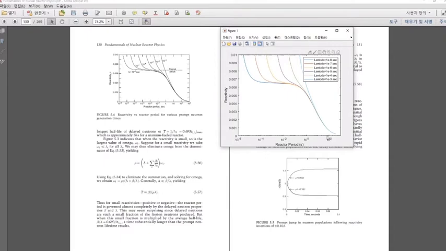So what is the point of this curve, this graph, or what can you learn from this graph?